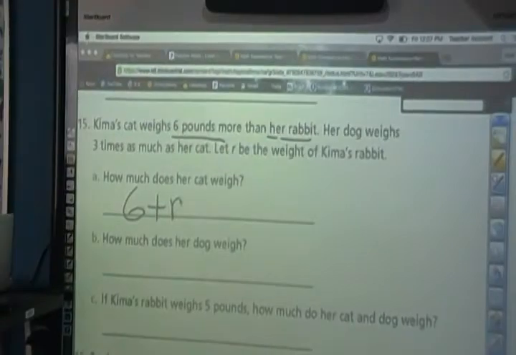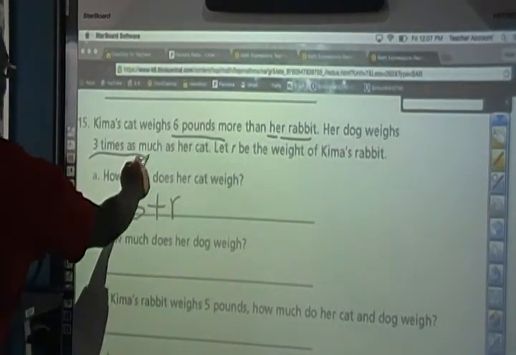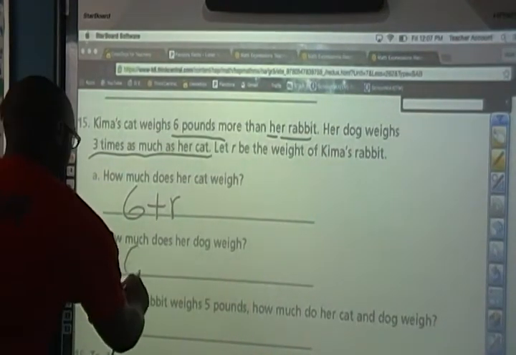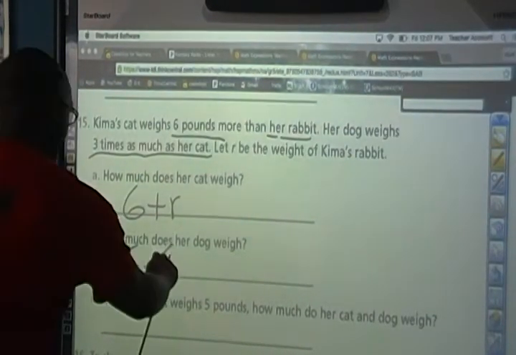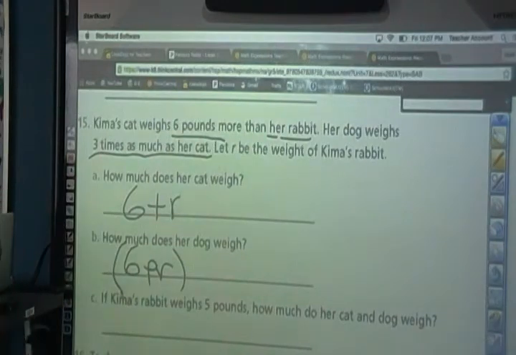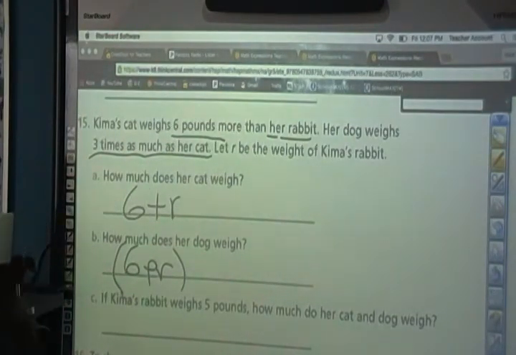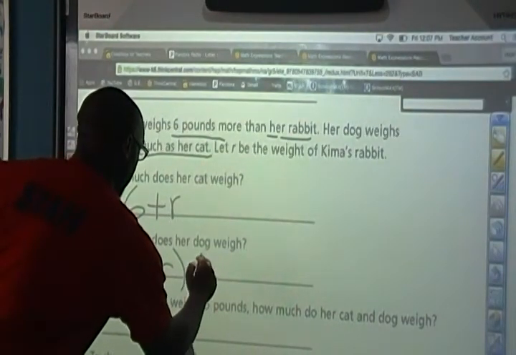Well, it says over here that her dog weighs 3 times as much as her cat. Well, we don't know what the cat weighs yet. So we know it's going to be 6 plus r in parentheses, because that's how much the cat weighs. And then since it's 3 times as much, we're going to multiply times 3.